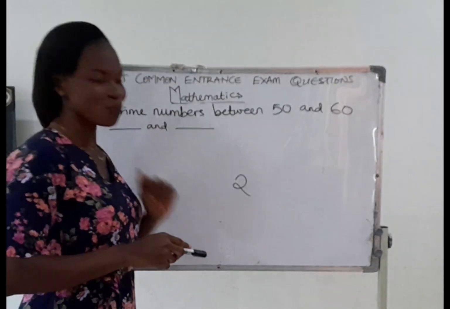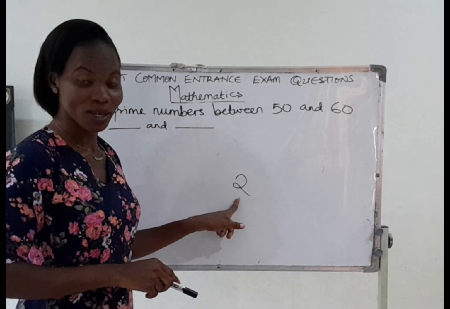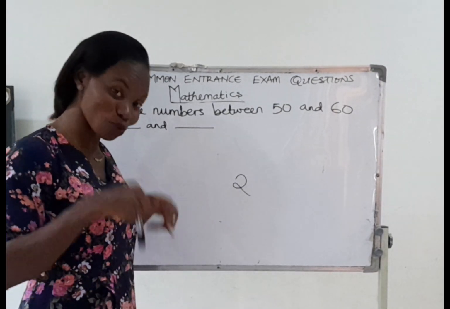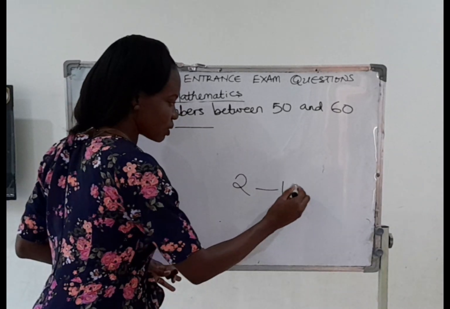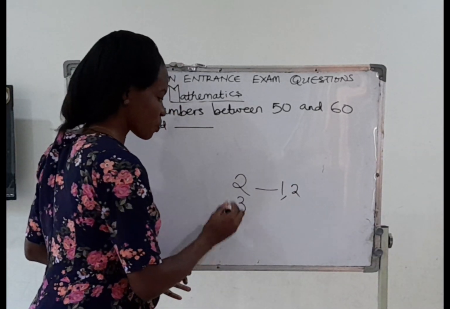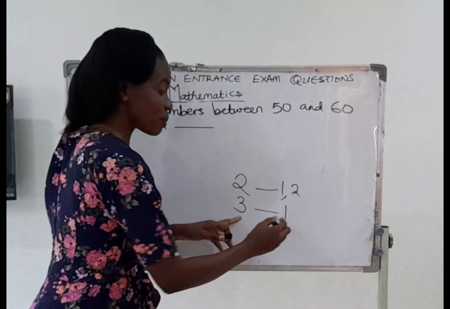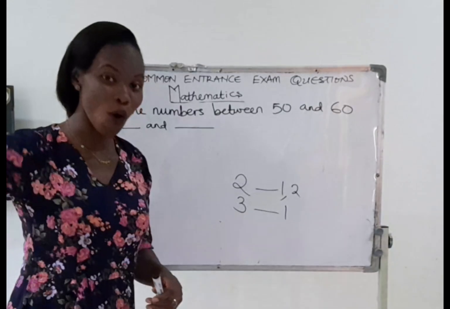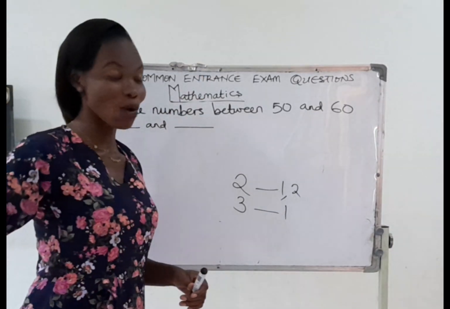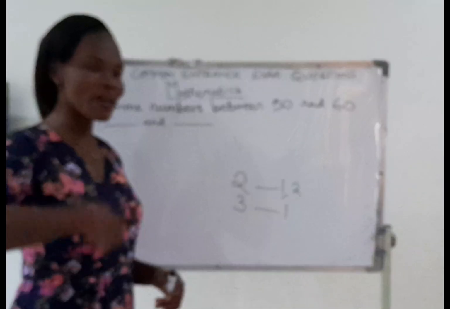So look at 2. 1 can divide 2, and the next number that can divide 2 is 2. So 2 has 2 factors, 1 and 2. Look at 3. 1 can divide 3. As a matter of fact, 1 is a common factor for all numbers, including itself. So 1 divides every number.